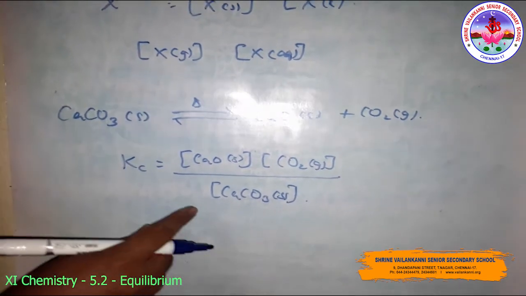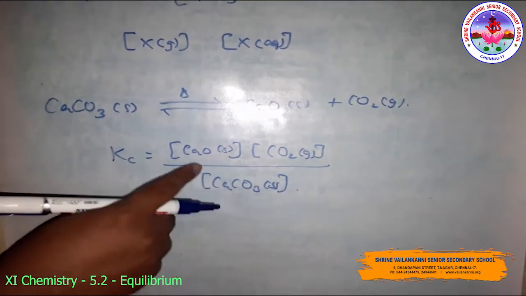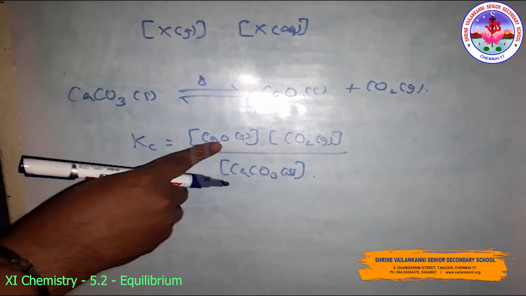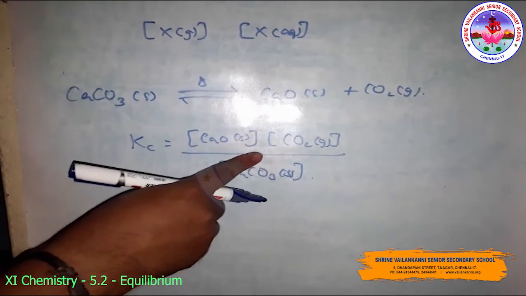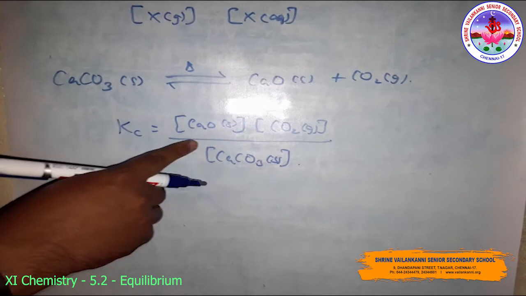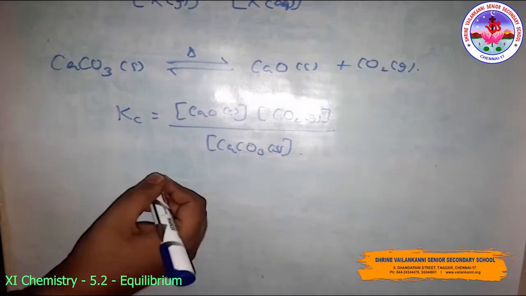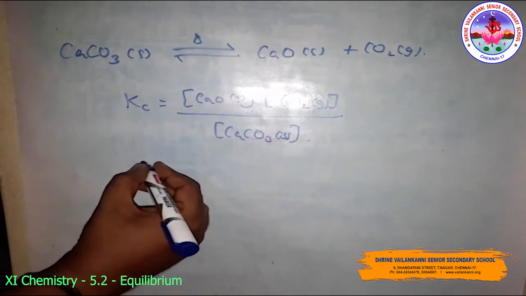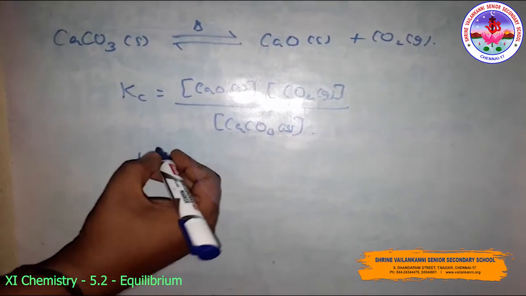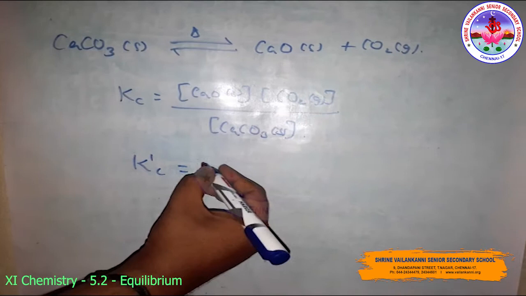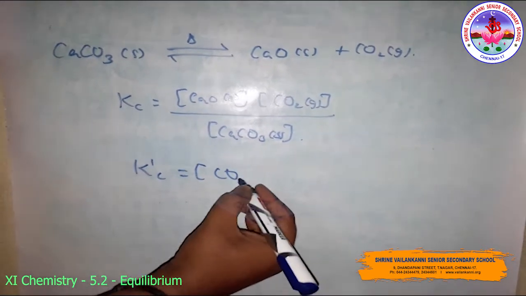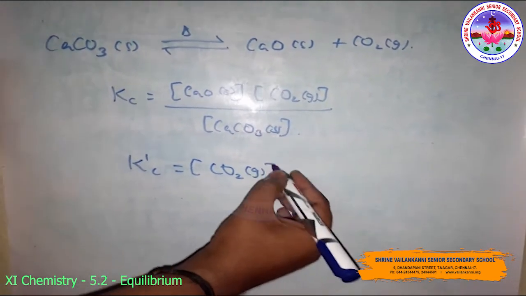Since the calcium carbonate and the calcium oxide solids are both constant, therefore the modified equilibrium constant for the thermal decomposition of the calcium carbonate will be K dash C is equal to concentration of CO2, carbon dioxide gas only.